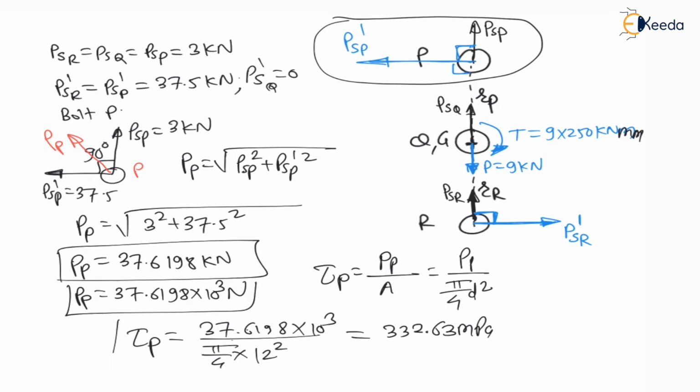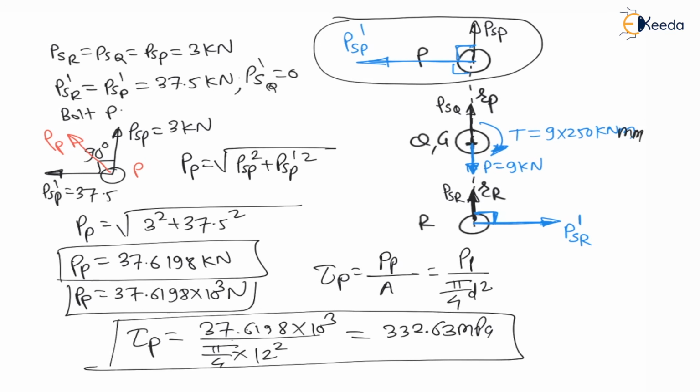MPa is nothing but Newton per mm square, because all forces we are using in Newton and dimensions in mm. Therefore, it is nothing but Newton per mm square, which is megapascal. Therefore, the answer is 332.63 megapascal.